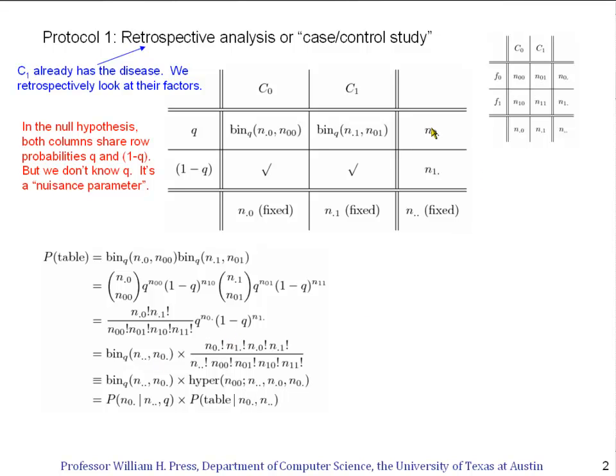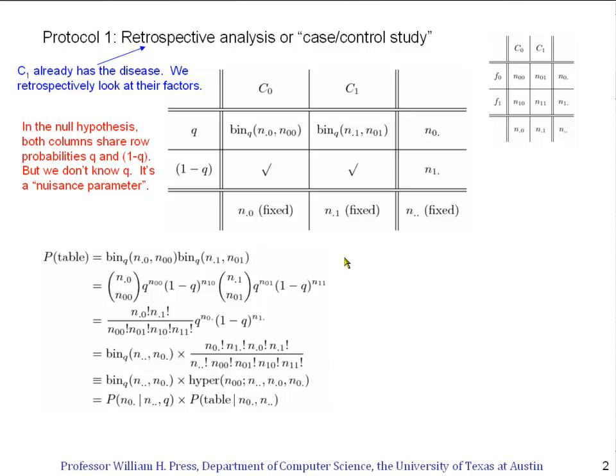That would be the number, of course, in this row marginal corresponding to probability Q. And then the factorials that are left over turn out to be these. And lo and behold, this is exactly a hypergeometric probability distribution. That's why we reviewed the hypergeometric probability in the previous segment.